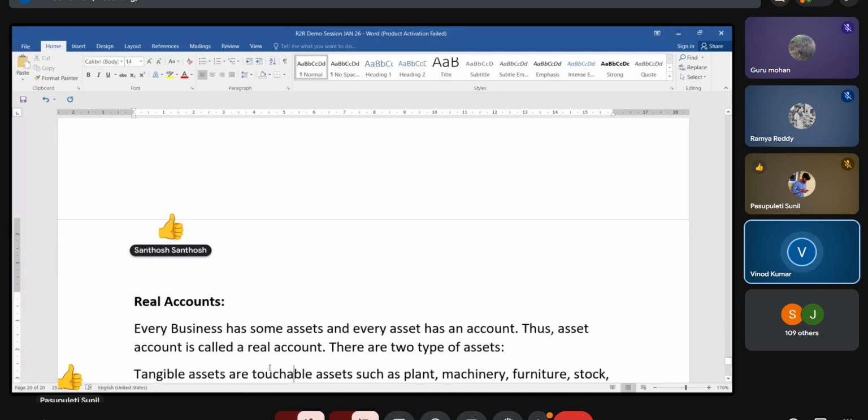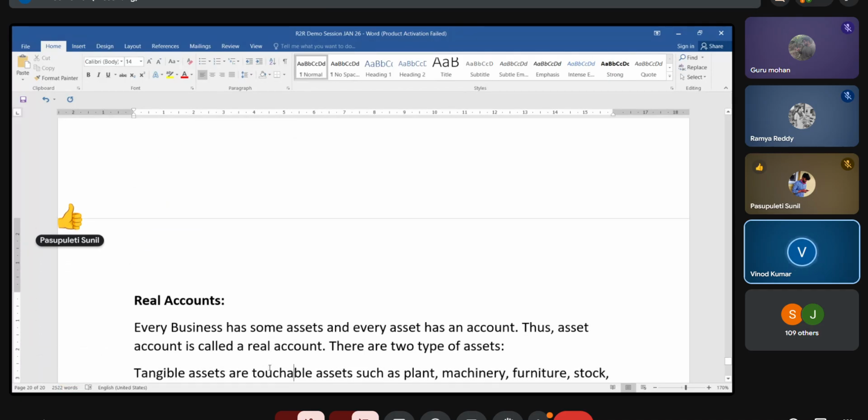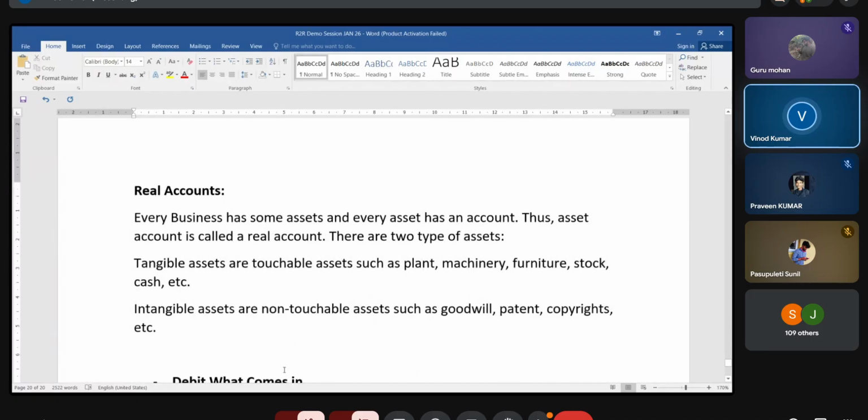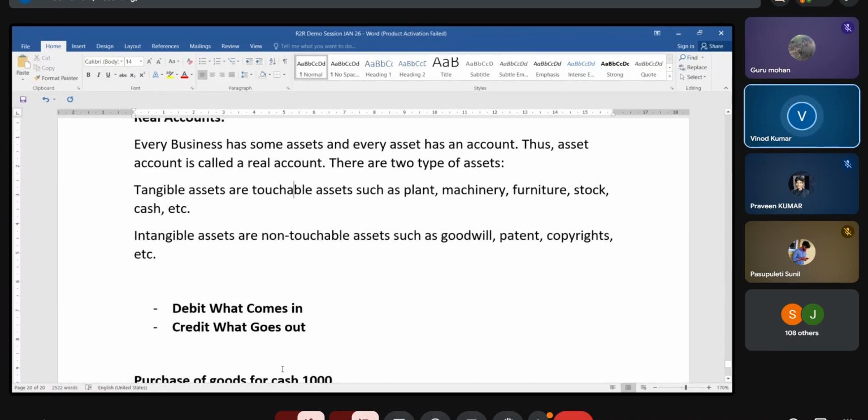Okay, so the next account is the real account. The real account rule is: debit what comes in, credit what goes out. The real account is mainly for asset accounts, guys, wherever we have assets, tangible and intangible. Tangible assets are the assets that we can see, touch, and move.